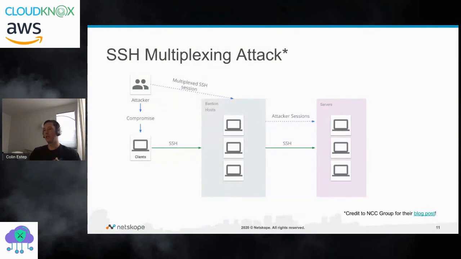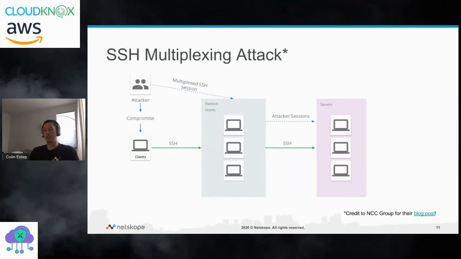So now that we've talked about multiplexing and a little bit about how that works, let's talk about the attack. Basically, an attacker could compromise one of your users, through a phishing attack or some other way of gaining shell access on an endpoint that is being used by one of your users.